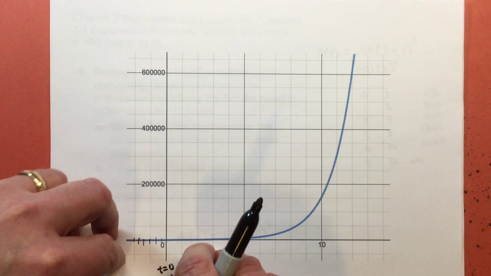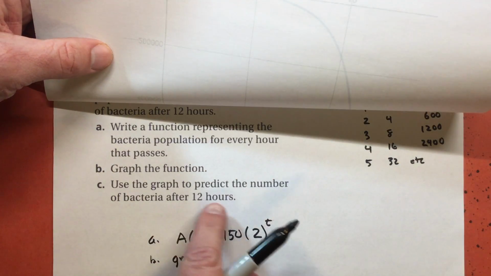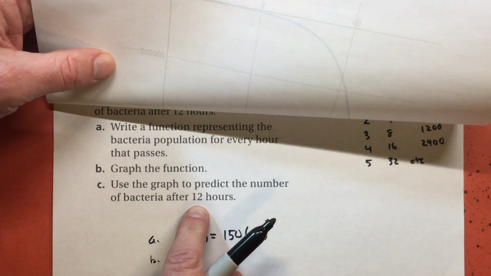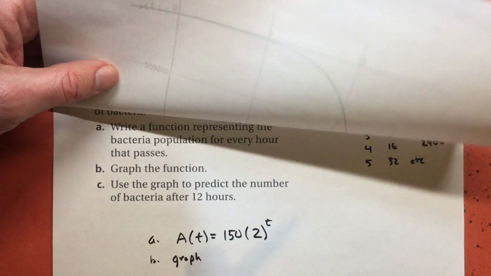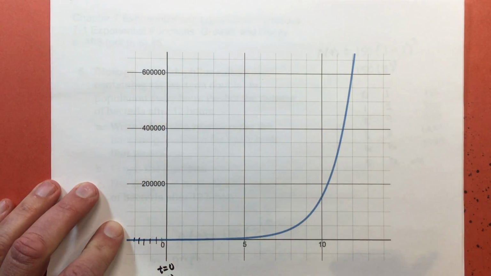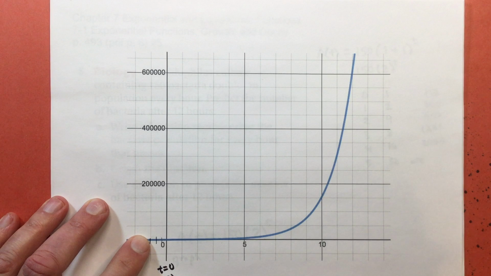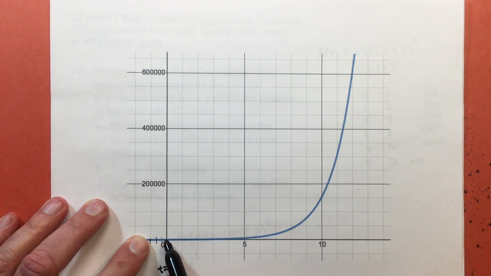My question, part C, is to predict the number of bacteria after 12 hours. Well, I already kind of know what that is. That's why I had to draw it this way. It's kind of hard to see what the actual values are. Notice that it's really, really low, but after 5 hours, it starts to curve up. And then it curves up.